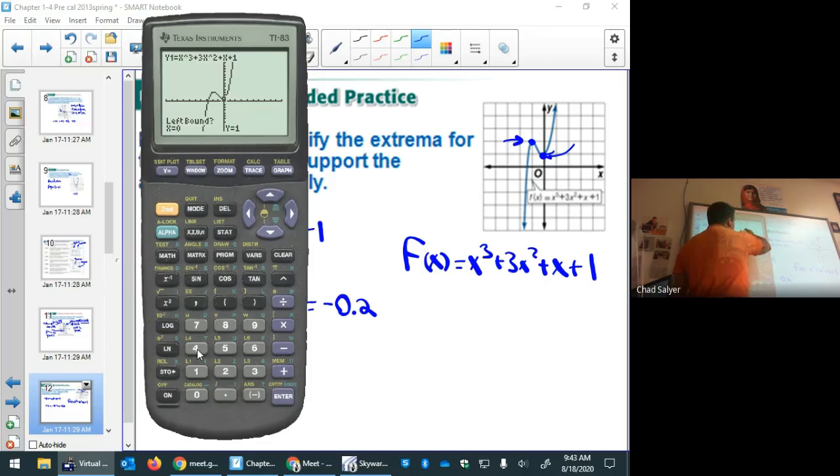Be careful here because I don't want to capture any of these points over here that are higher. So left bound, let's go -3, and then right bound, we'll go -1. That'll capture it without getting any of those higher points and confusing the software. So it's at x equals -1.8.